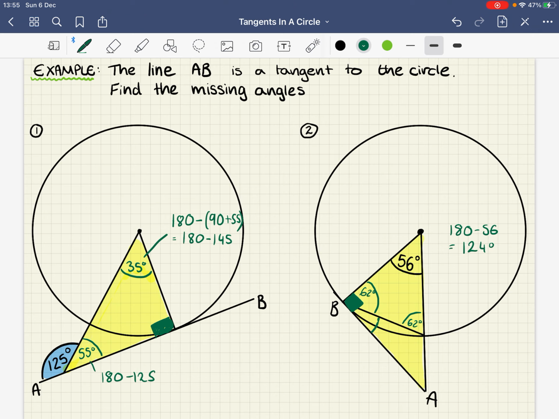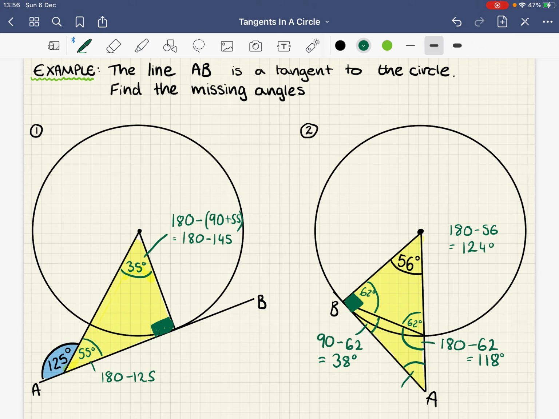So here, this angle there, because it's at 90 degrees, I do 90, take away the 62, so that's going to be 38 degrees. And on this bit here, I've got my straight line. So I'm doing 180, take away 62, which is going to give me 118 degrees.